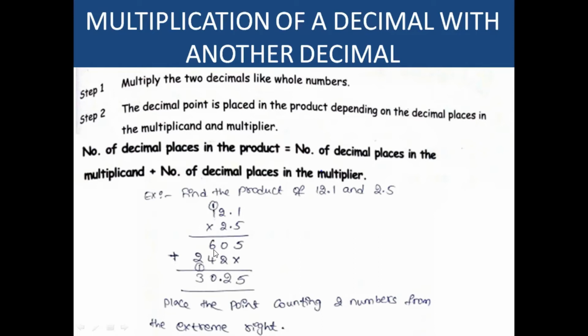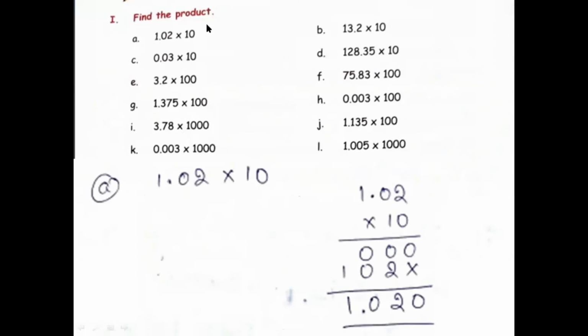Plus 1, 6. 2 1s are 2. 2 2s are 4. 2 1s are 2. 5 as it is. 0 plus 2, 2. 6 plus 4, 10. 0, 1 carry. 2 plus 1, 3. Place the point counting 2 numbers from the extreme right. 5, 2. We are placing a decimal point. Product is 30.25.